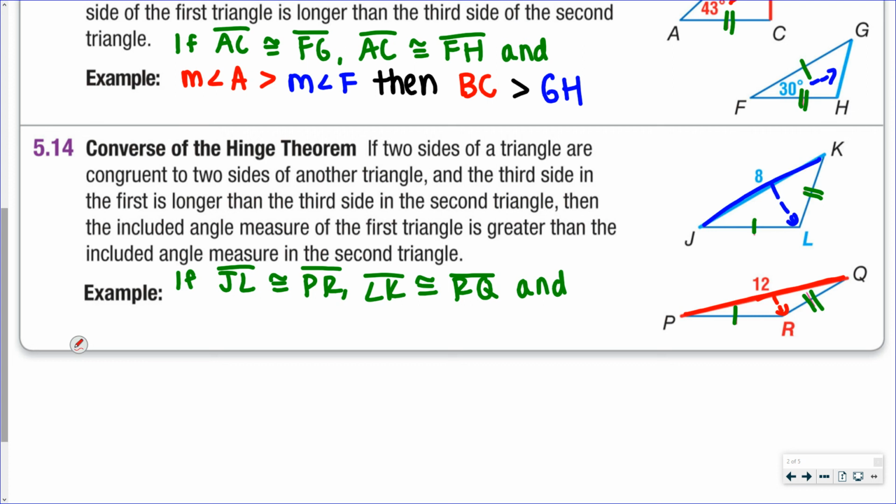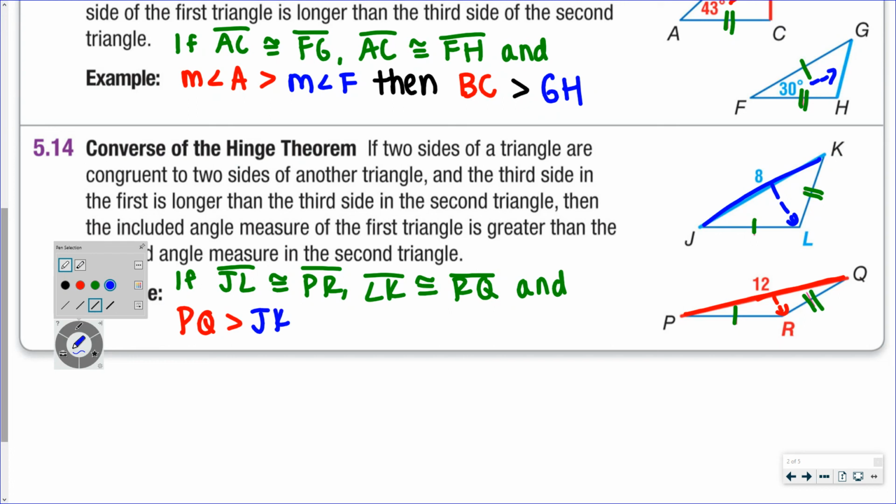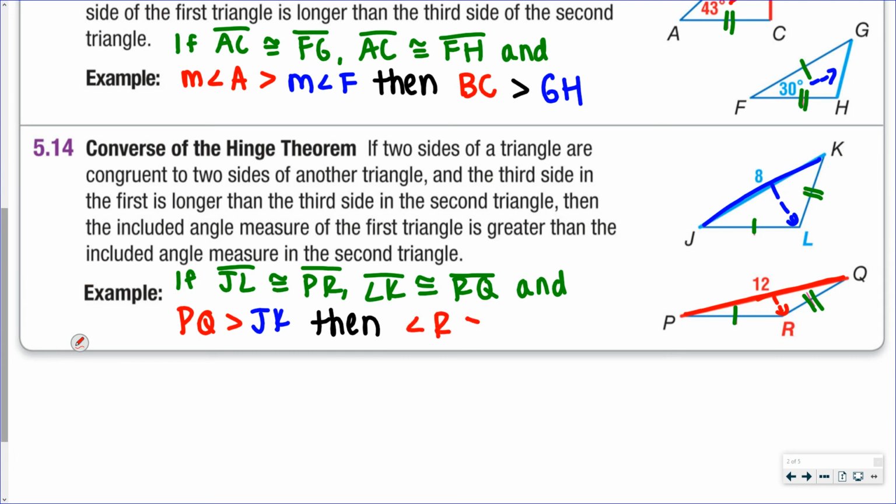So in this case, if PQ is greater than JK, which it is, 12 is greater than 8, then the converse of the hinge theorem allows us to conclude characteristics about the angles. Then the angle across from the larger side, which is angle R, is going to be larger than the angle across from the smaller side, which is angle L. That's really the only theorem we're going to focus on today.